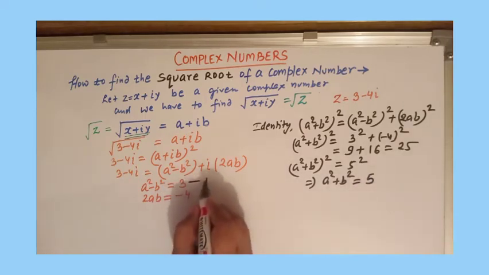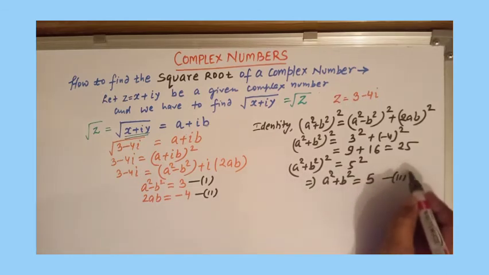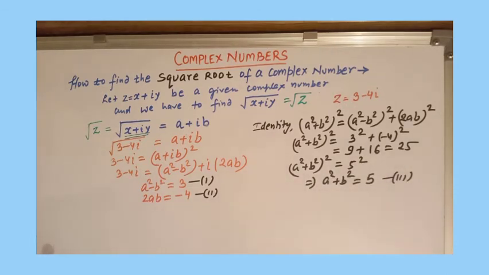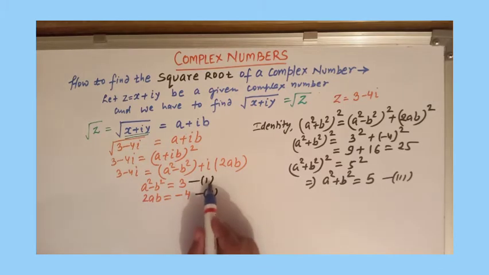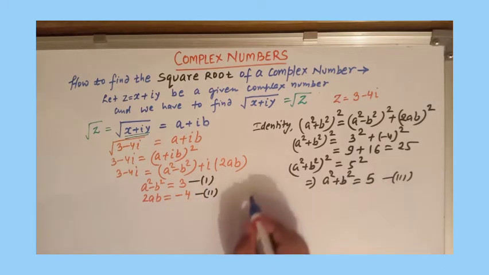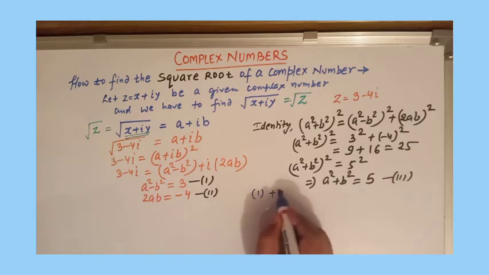Now we have equations 1, 2 and 3. Now our aim is to calculate the value of a and b. So let us solve equations 1 and 3. So let us first add equations 1 and 3.